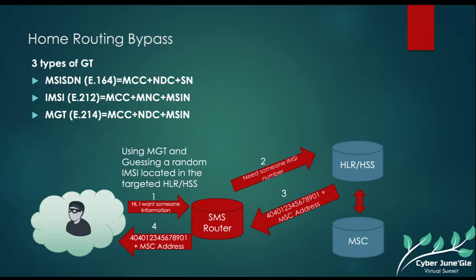So, according to the picture here, the hacker tried to send a malicious SS7 message to the core network using MGT, and the hacker guessed a random IMSI located in the targeted HLR HSS.